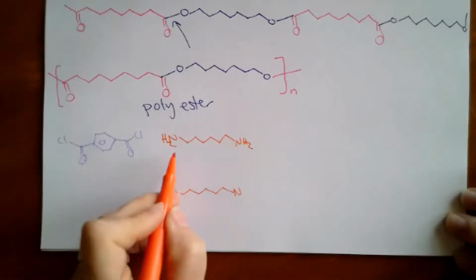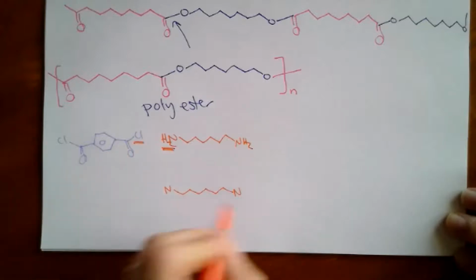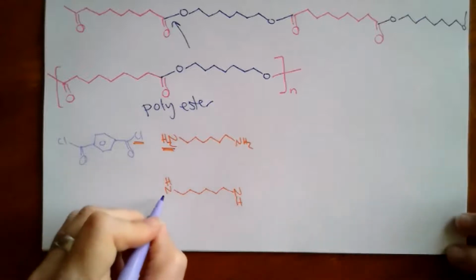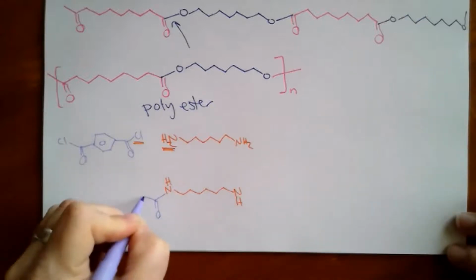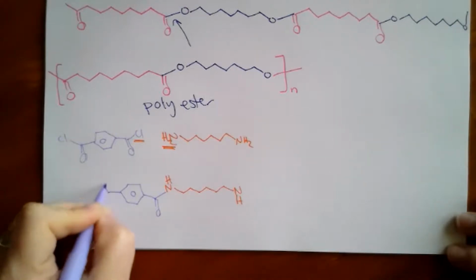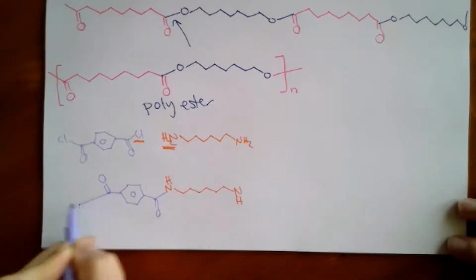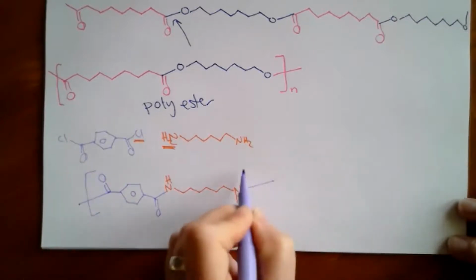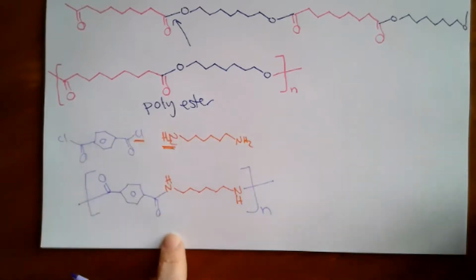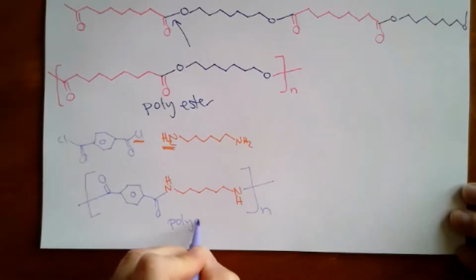If you look back at our last notes, you're going to lose one of the H's and the Cl. So we're still going to keep an H on both of those. We're going to draw that polymer connected to that orange diamine, connected to the purple part of our diacid polymer. Long arm in brackets, long arm in brackets. If this is a polyester, what do you suppose we might call this? A polyamide.